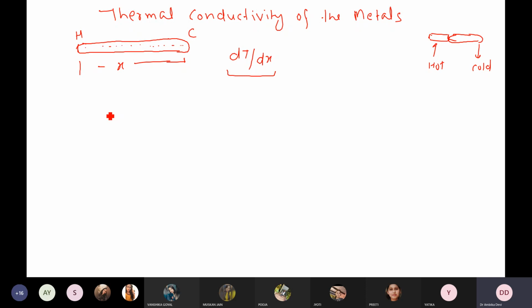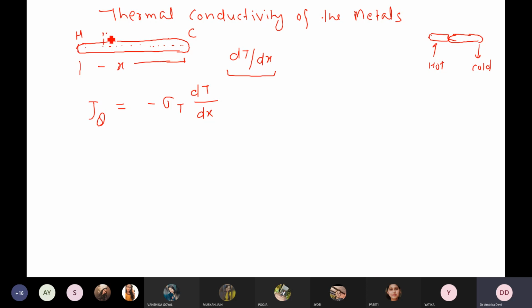So if we say that J_Q is the amount of heat energy which is being transferred from the hot end to the cold end, then J_Q must be equal to minus sigma_T dT by dx. Okay? Heat energy is directly proportional to the rate of change of the temperature with respect to x, right?